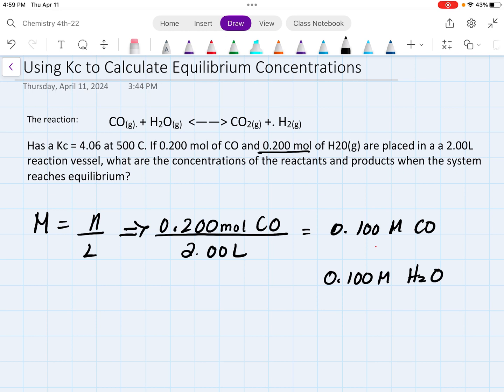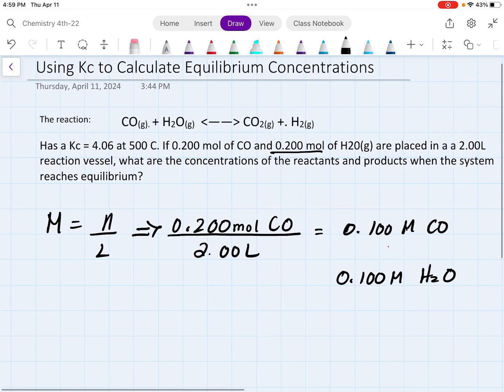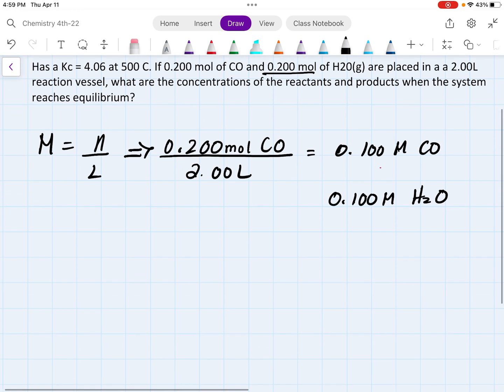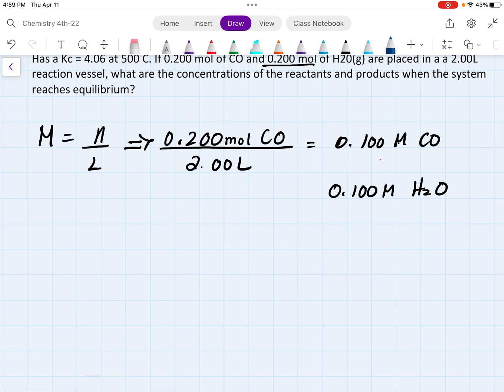Now, when we're working this out, just like we did in the last problem, we're going to use our ICE chart. Remember that the ICE chart is the initial concentration, the change in concentration, and the equilibrium concentration. That's what ICE stands for. Now, let's take a look at our table here, and let's do our reaction.